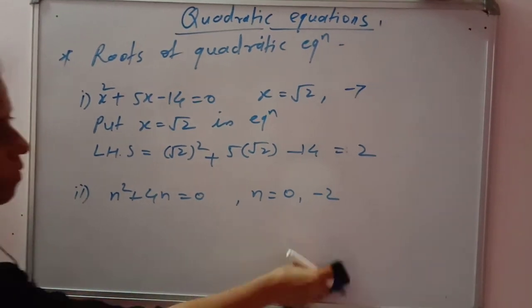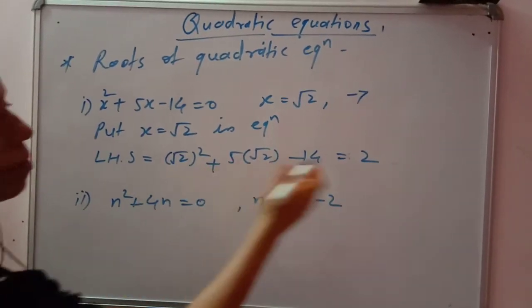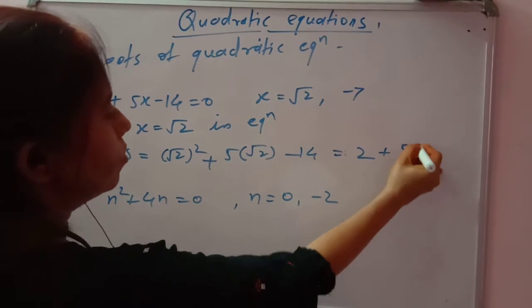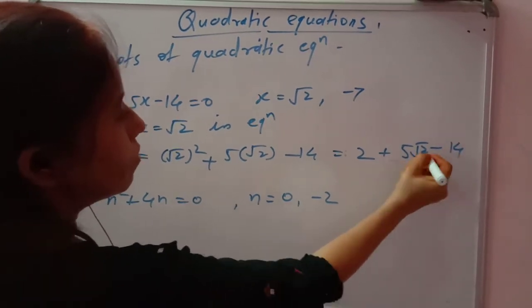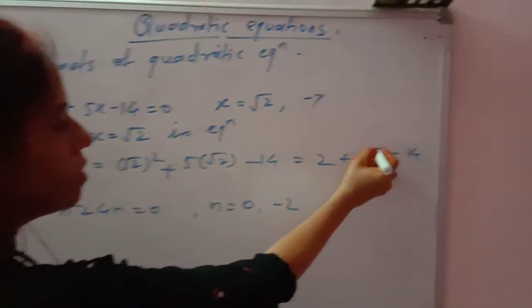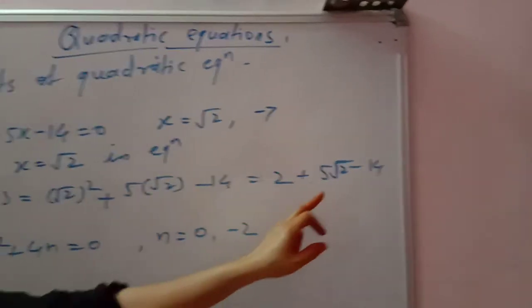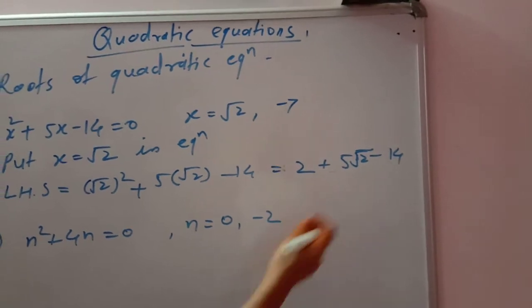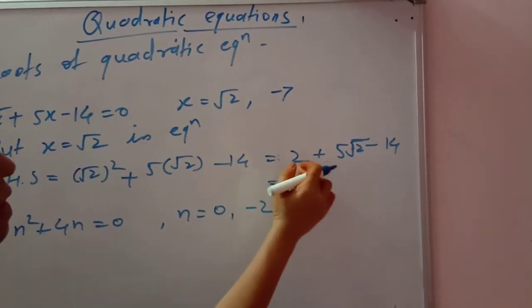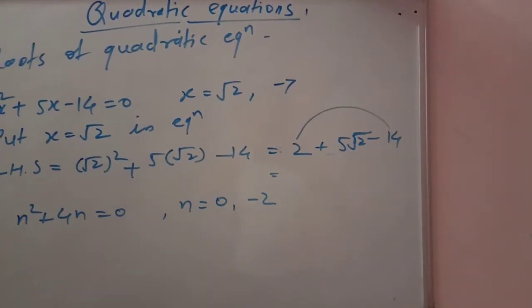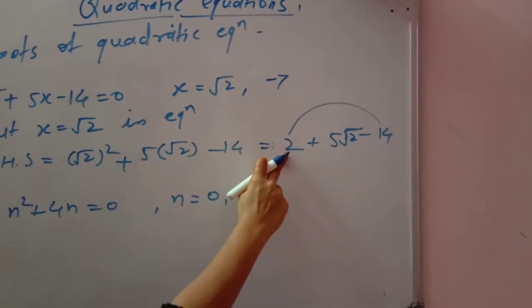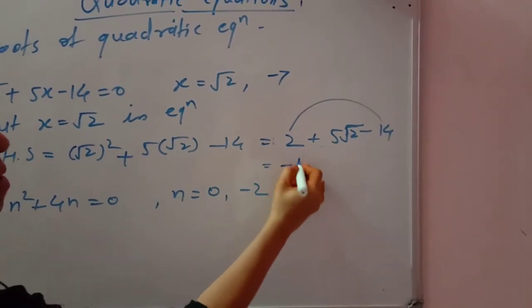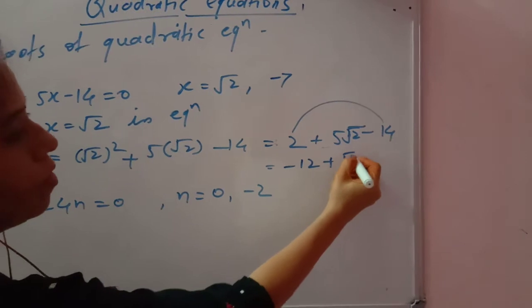So the square of root 2 is 2 plus 5 root 2 minus 14. We can't multiply this 5 root 2 with the others because this is an irrational number and this is a rational number. So we have to put it as it is. Just these are like terms, do their addition and subtraction. It is plus 2 negative 14, that is minus 12 plus 5 root 2.